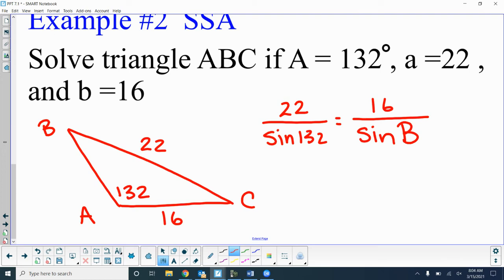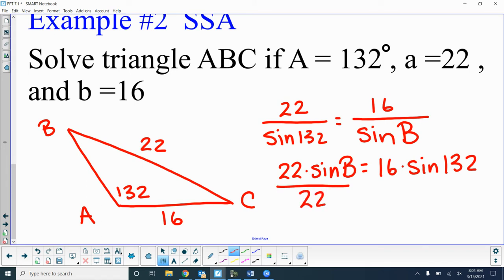We good so far? All right, so here's what we do. We cross multiply. So we're going to say 22 times the sine of B equals 16 times the sine of 132. And then I'm going to solve for B to find the sine. I'm going to divide by 22. So I'm going to get the sine of B equals this answer.